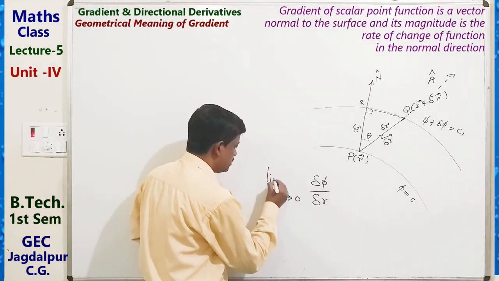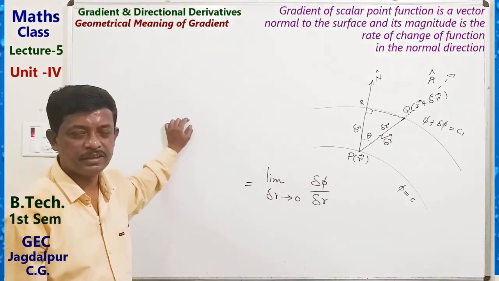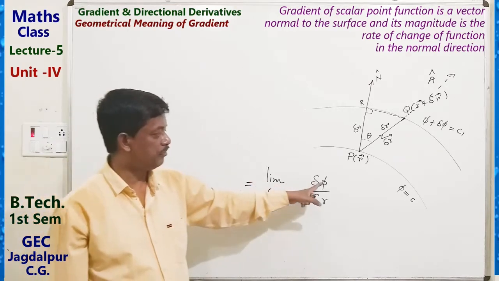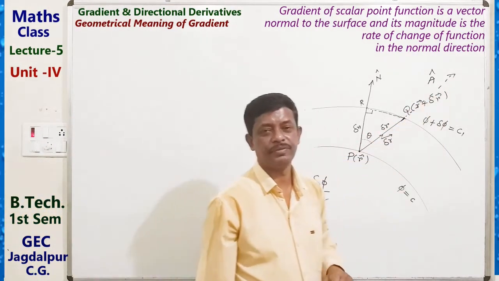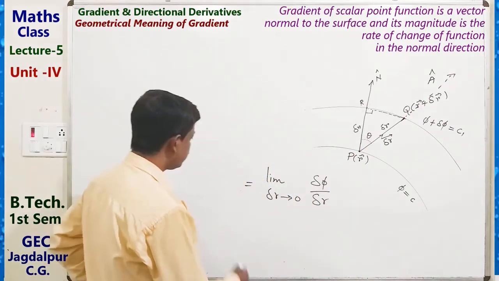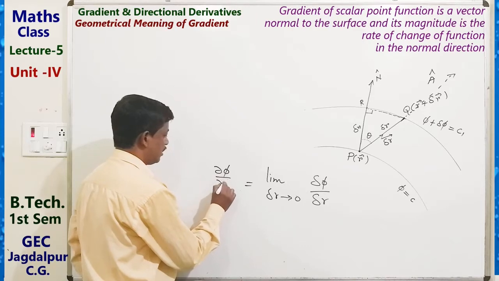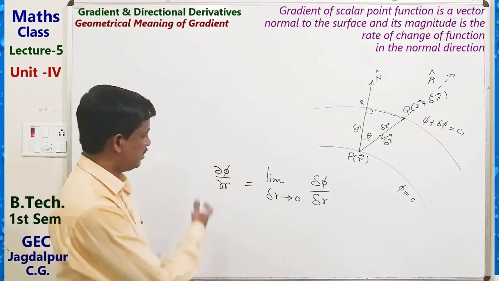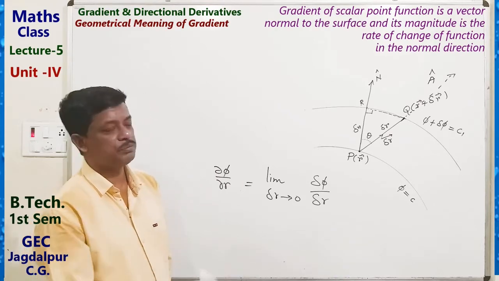So limiting position. This is known as derivative of phi along the direction a cap, that is delta phi upon delta r. Directional derivative along the direction PQ.